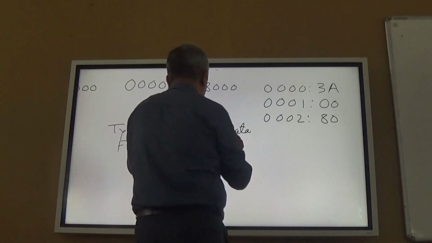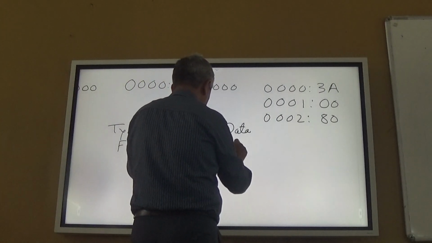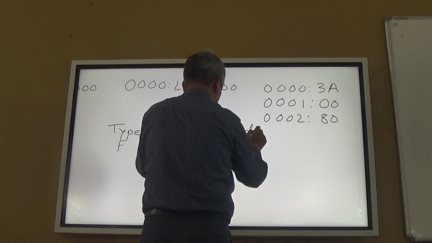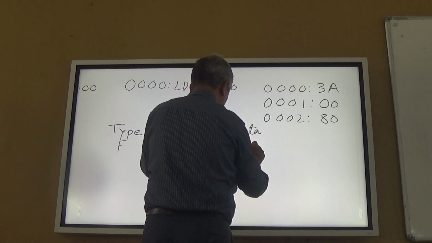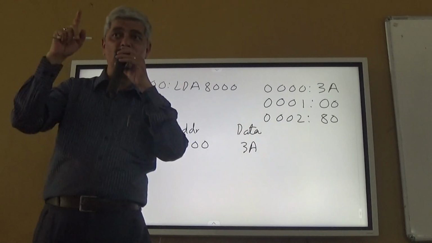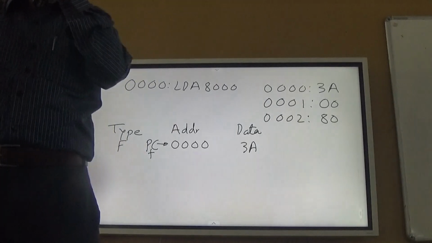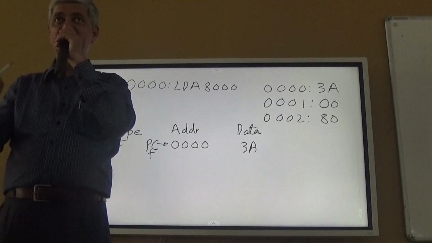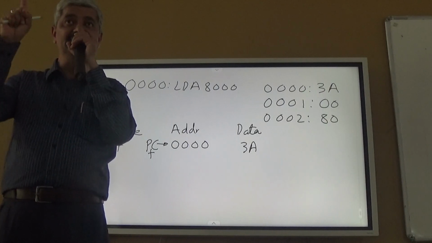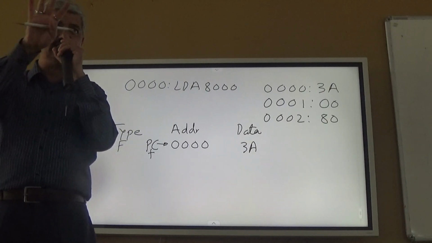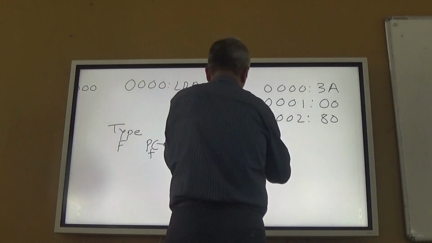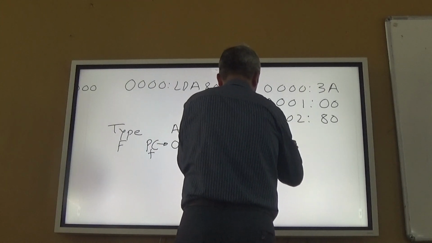So 3A. It is which cycle? Opcode fetch cycle. So where will 3A go? 3A will go into the instruction register, or instruction decoder. Is it clear? 3A will go into the instruction register.